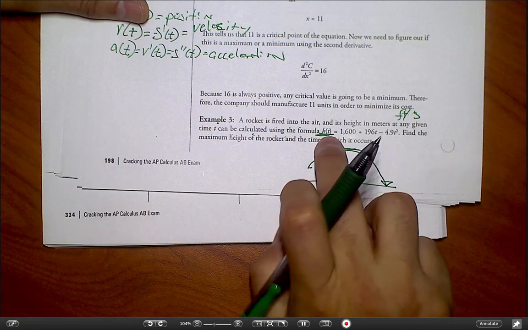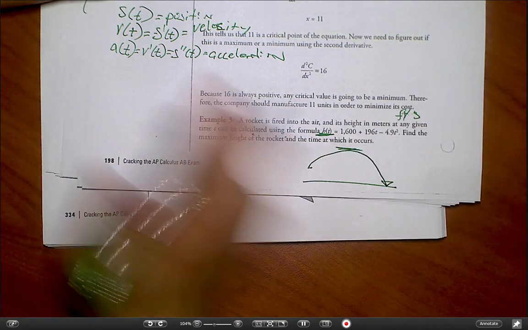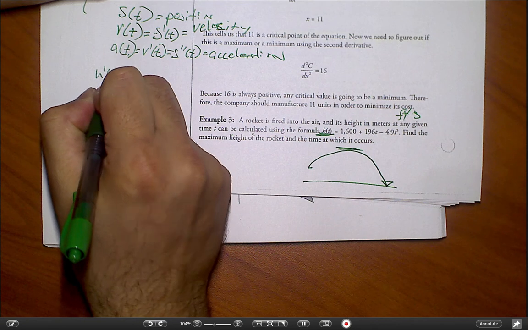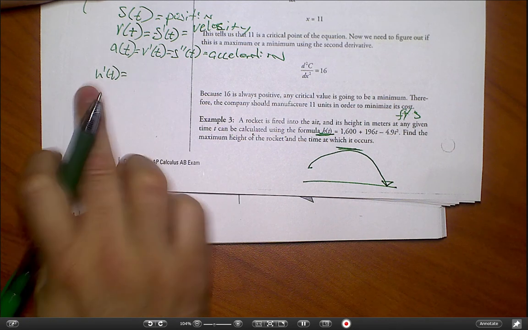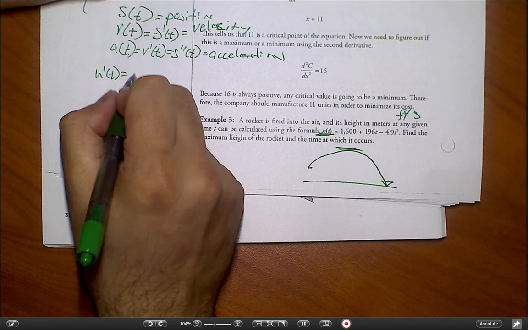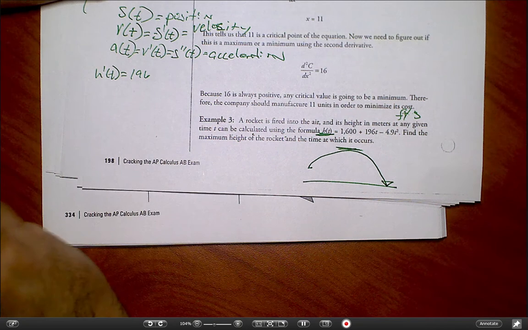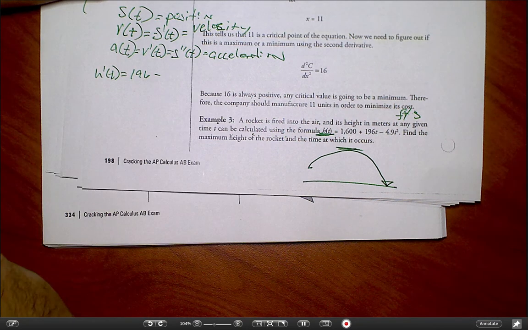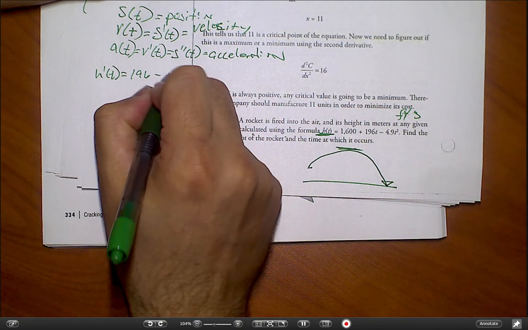So it's going to be h prime of t. This is my height, so this is going to give me 196 minus 9.8 t.